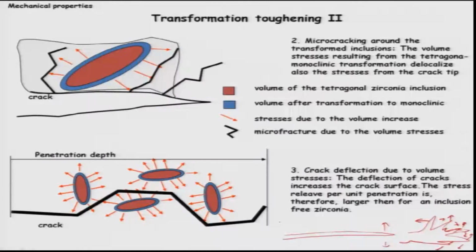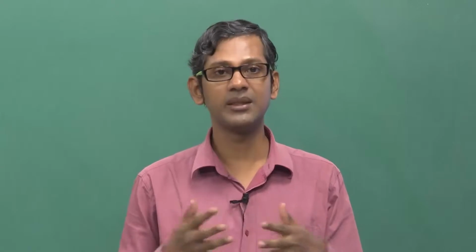Or you can have a situation in which you have microcracking and also closure of the crack tips because of the stress generated during transformations. And the third one is crack deflection. So that means in one transformation the system can bring in 3 different modes of toughening. And that is why zirconium oxide, partially stabilized zirconium oxides, are more widely used in bulk ceramic applications.